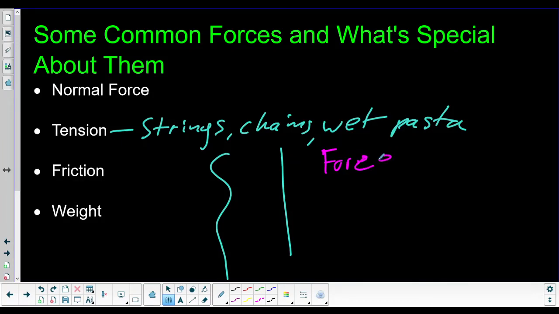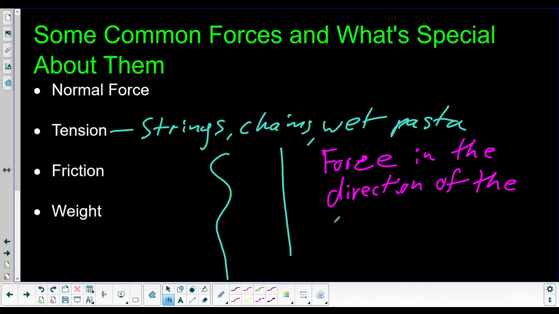force is always in the direction of the, I'm going to put string here, but you get what I mean, right? It doesn't have to be a string. Could be a chain, could be some pasta. So if my string is going this way at a little angle, then my force is parallel to that string.